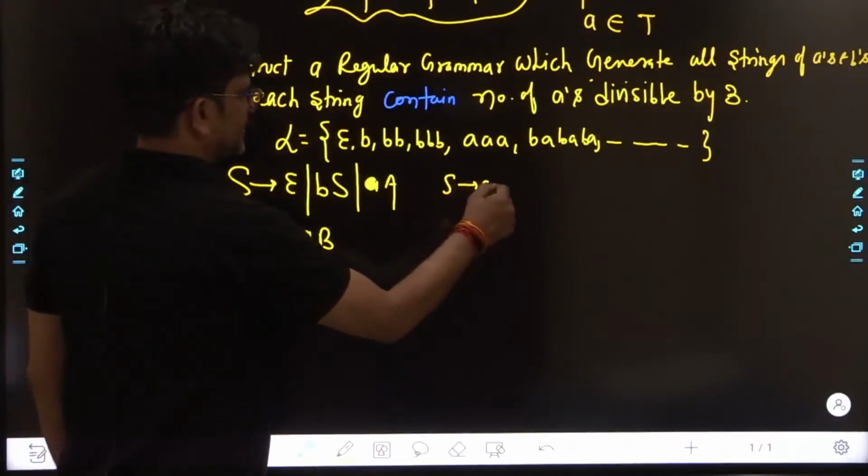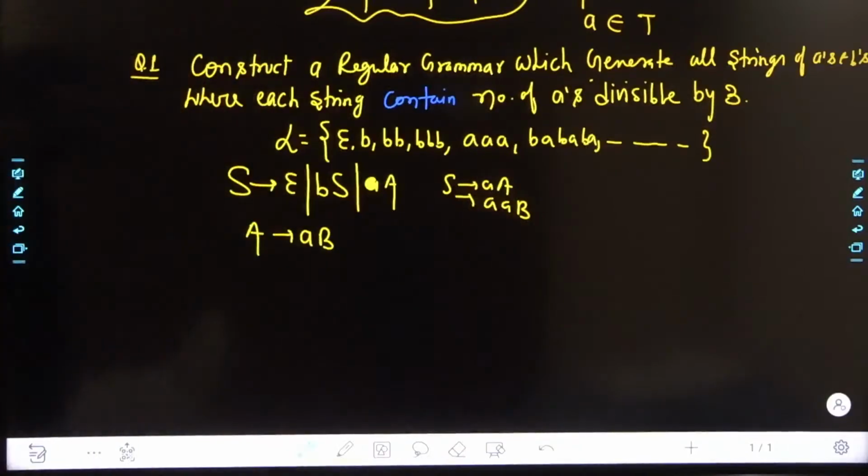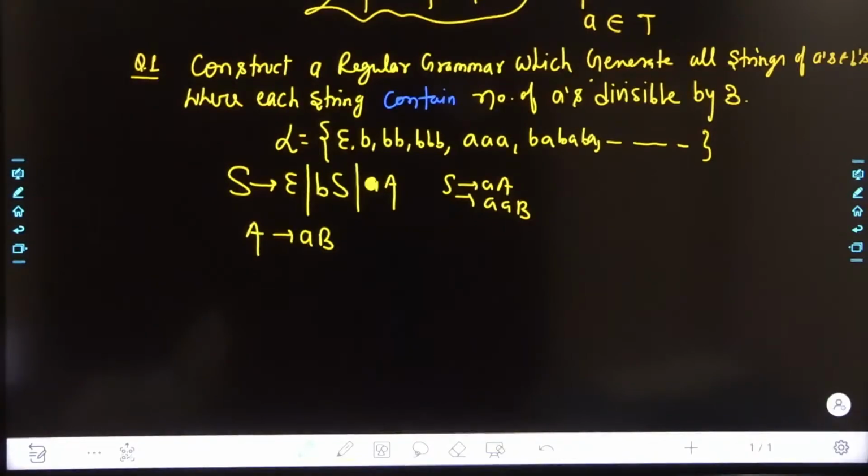S determines AA, and instead of A we replace with B. Now we have to generate another A, or A determines AB.